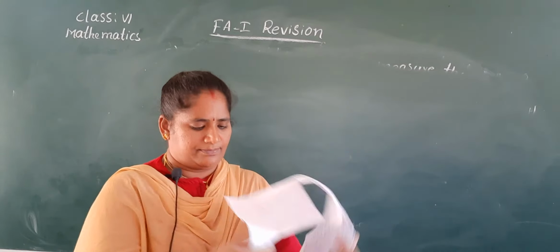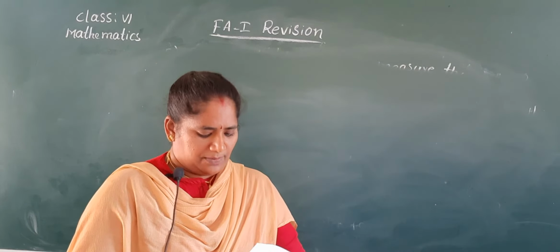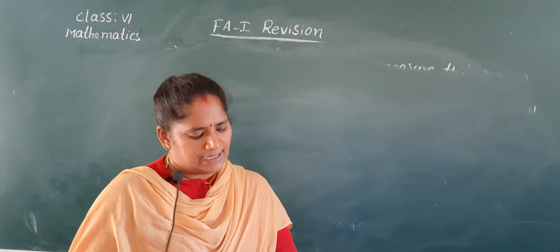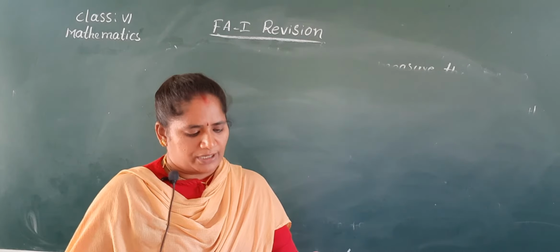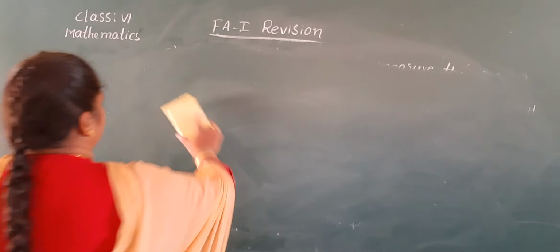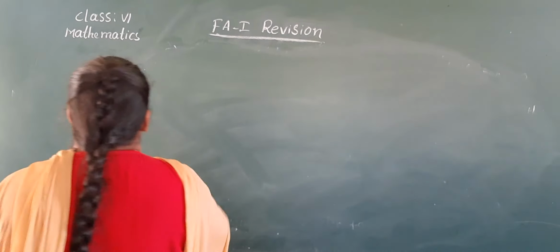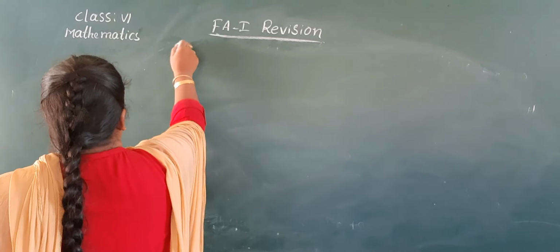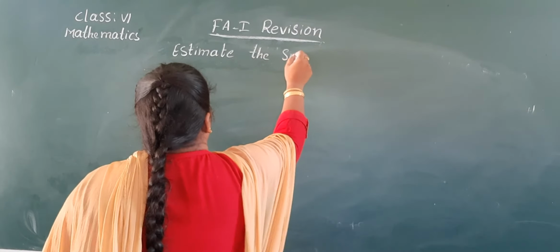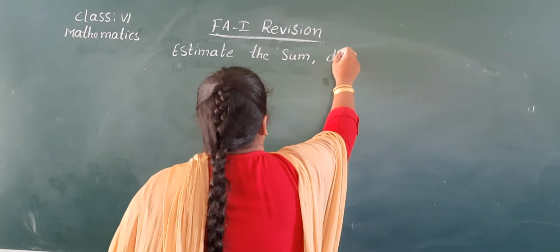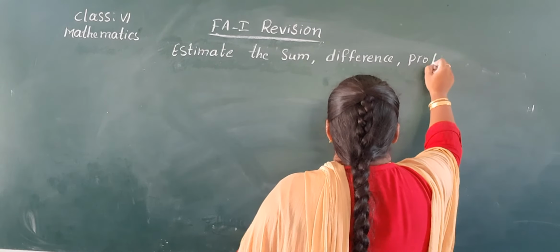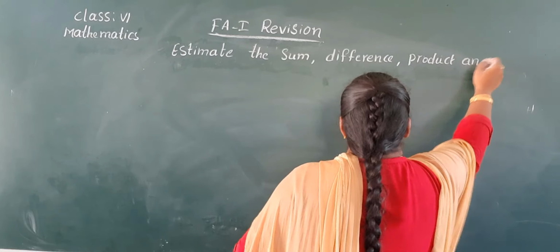Now estimate the sum. Estimate the sum, difference, product and quotient by rounding off the numbers. First, note down this. Estimate the sum, difference, product and quotient.